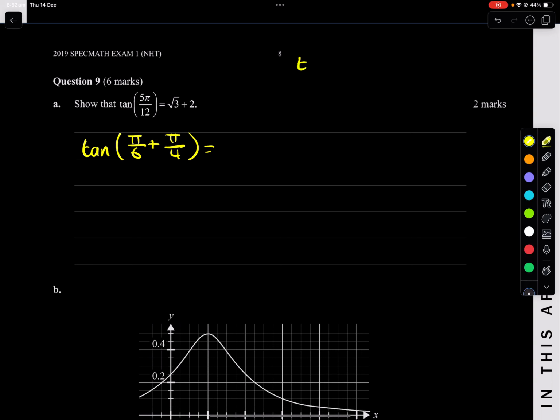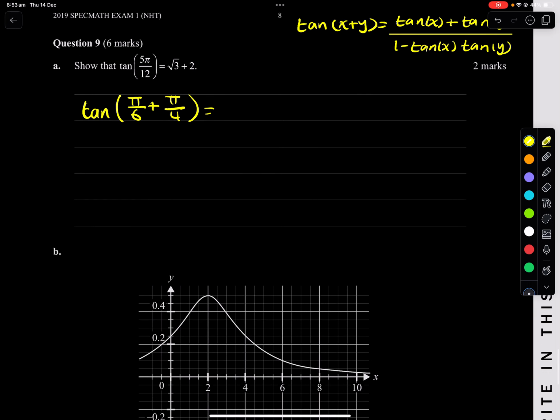It's just tan of x plus y is equal to tan of x plus tan of y, all divided by 1 minus tan of x multiplied by tan of y. So let's write that down.